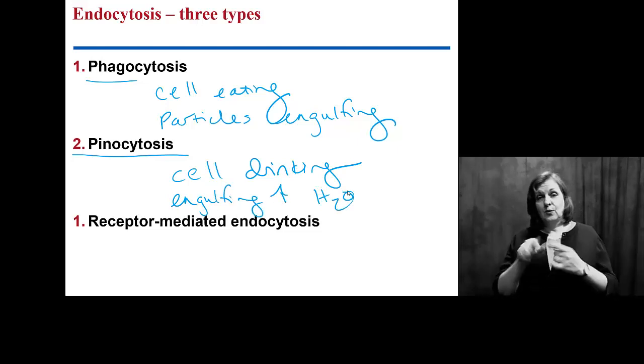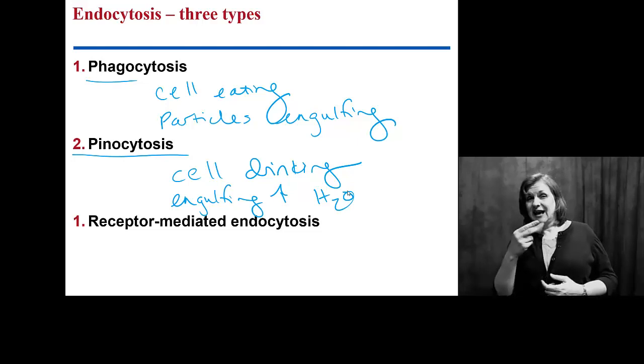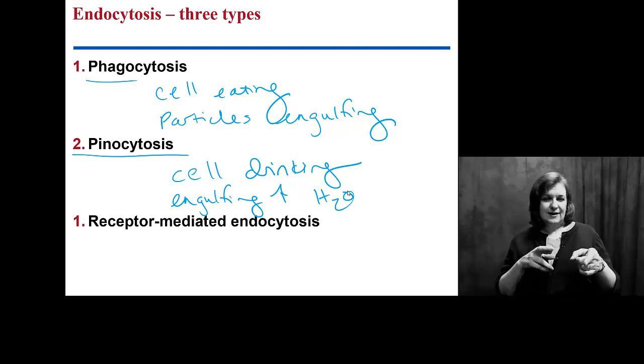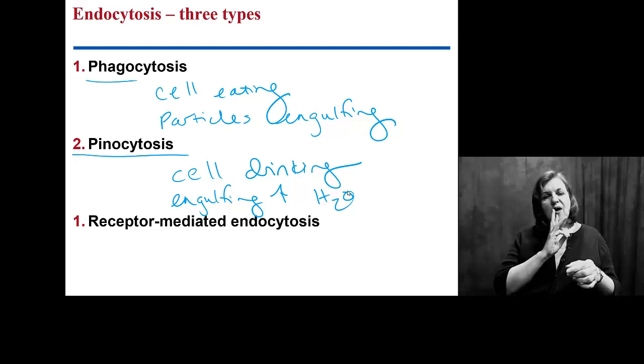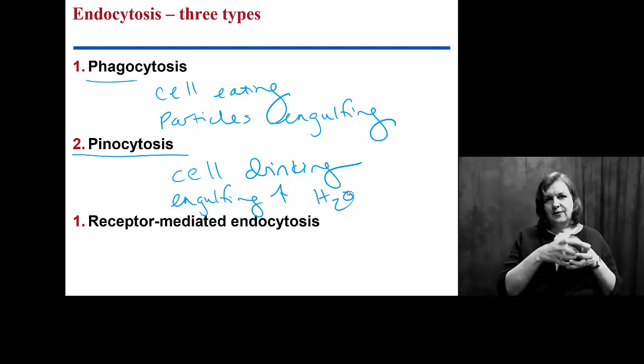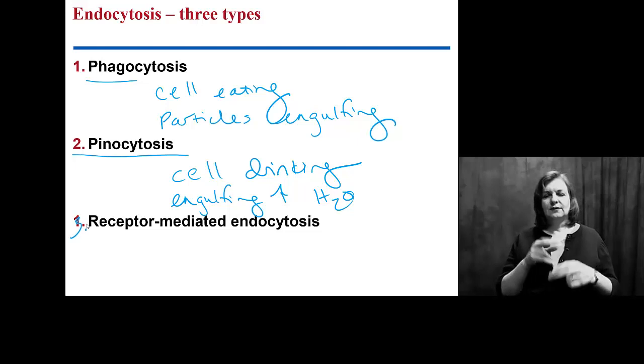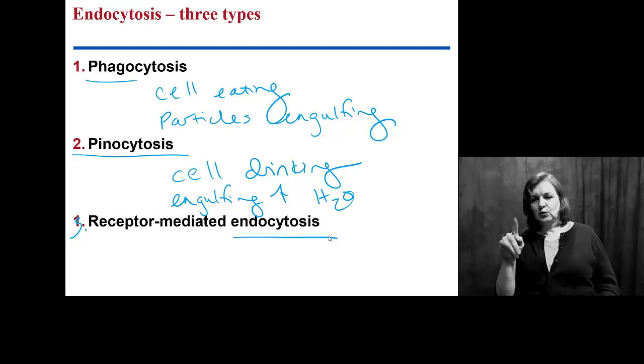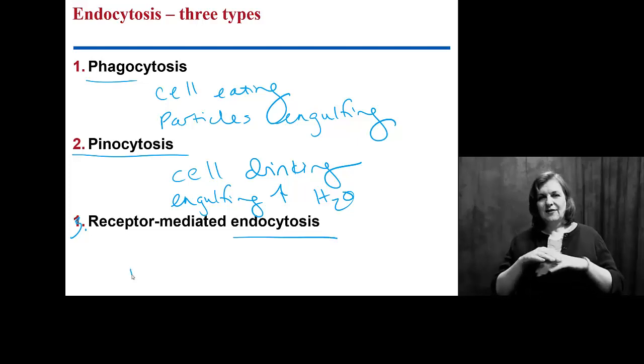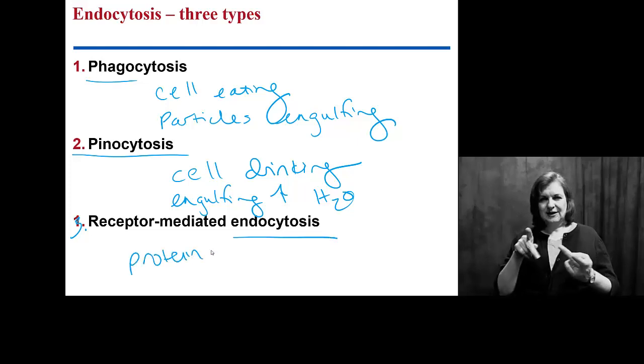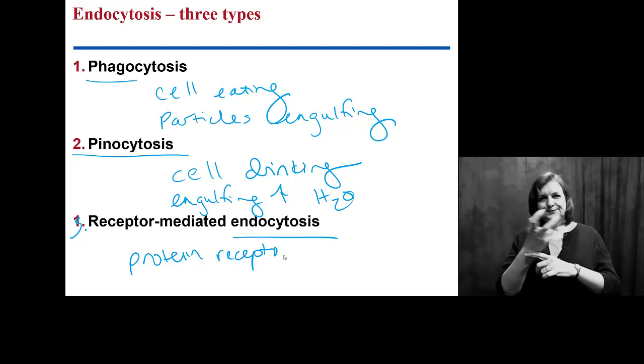This happens a lot when you're dehydrated or when your cell is trying to get at a nutrient that is dissolved in the fluids outside of your cell. And the third one is something known as receptor-mediated endocytosis. So this is using specific protein receptors on the surface of the cell to move things in.